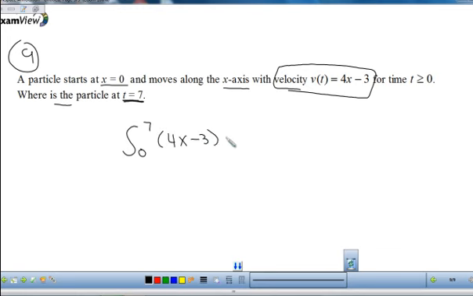So there's two ways to solve this. A, you can either draw a graph and find the area under the curve, or B, you can find the antiderivative. So I'm going to find the antiderivative. Right? You add 1, divide by the new exponent. So I'm going to substitute 7.